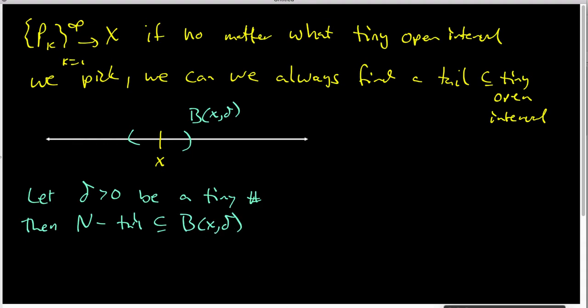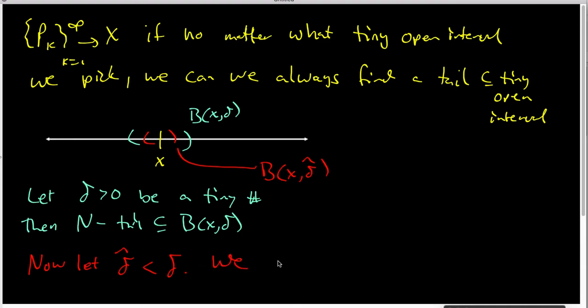But then I can think in terms of a smaller delta ball. So now let delta hat be even smaller than delta. So this red one is my delta hat ball.